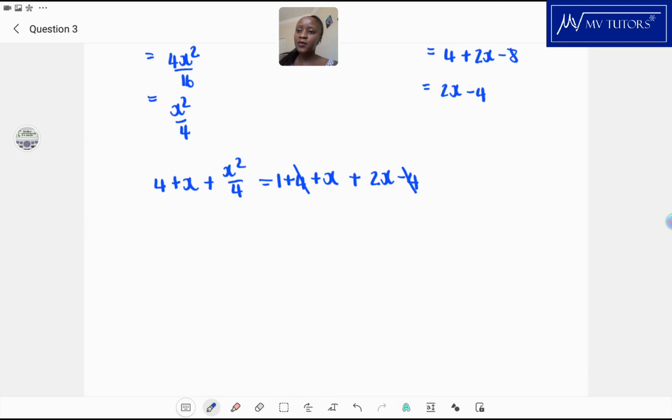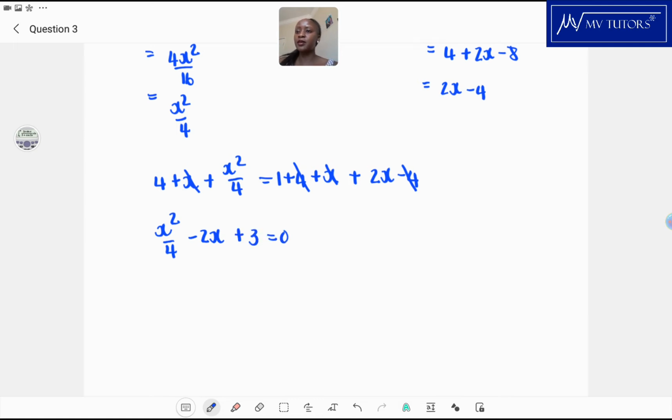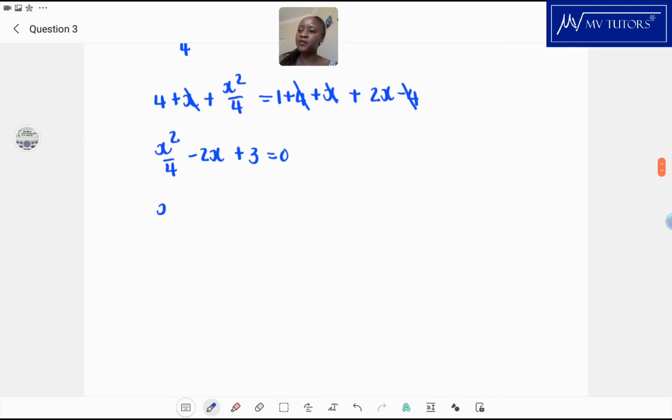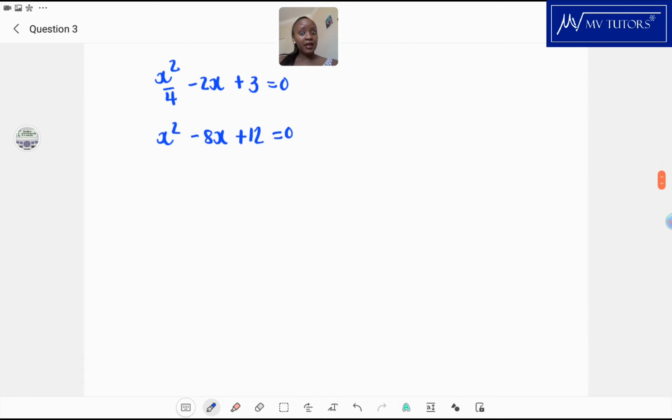This 4 and that 4 cancel, and these two x's cancel. I'm going to put everything on this side: x squared over 4, minus 2x, and then there's a 4. If I take the 1 to that side, I'm left with 3 equals 0. Then I'm going to multiply everything by 4 because I don't want to deal with fractions. Now we can solve for x.